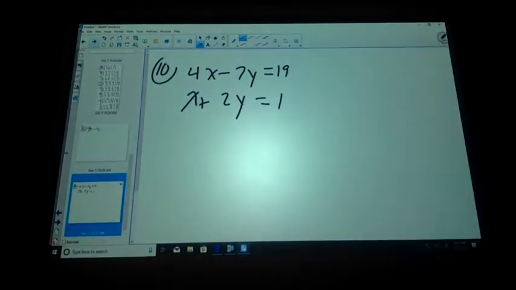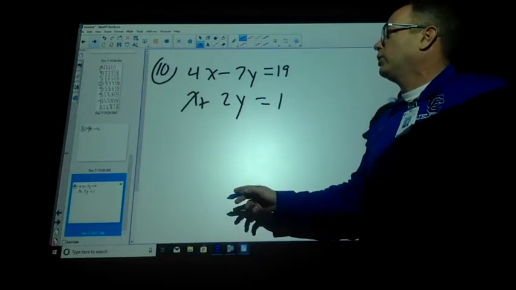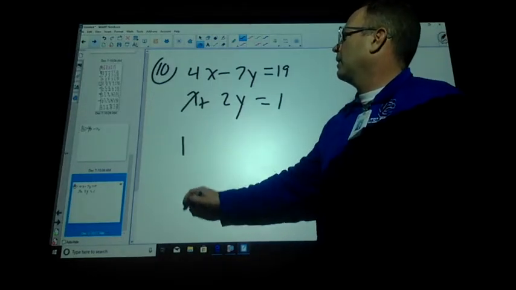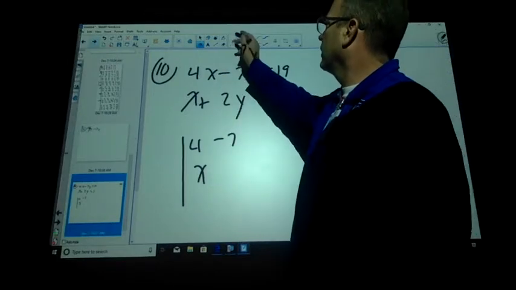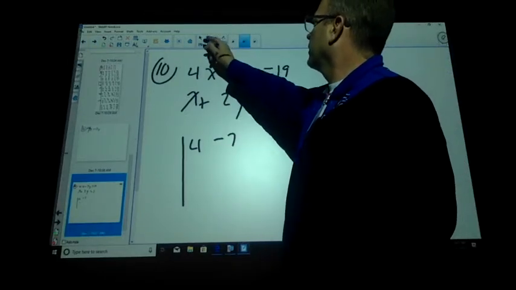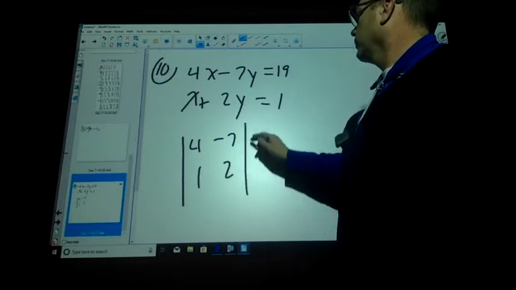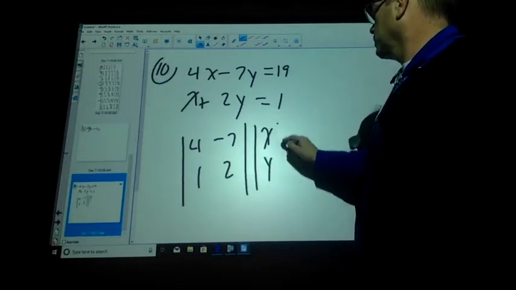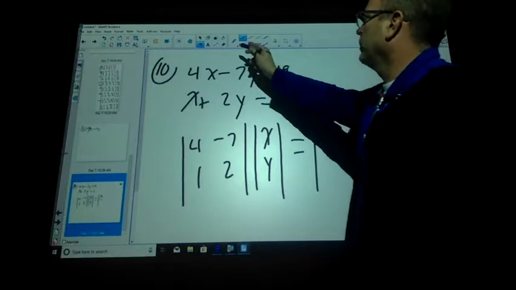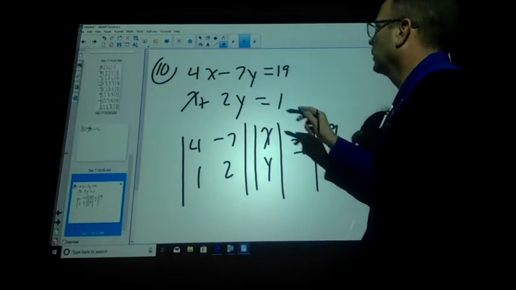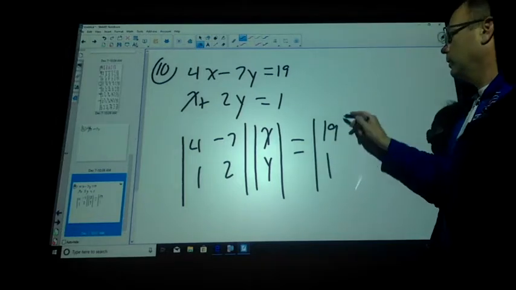Okay. So just by looking at this problem, if I wanted to make this a matrix, I could do it one of 2 ways. I could make it this. Okay. Is that okay like that?